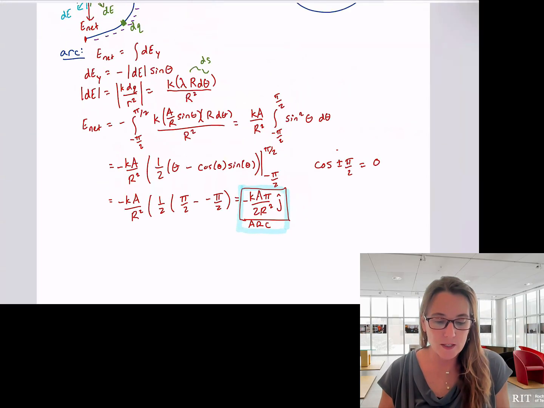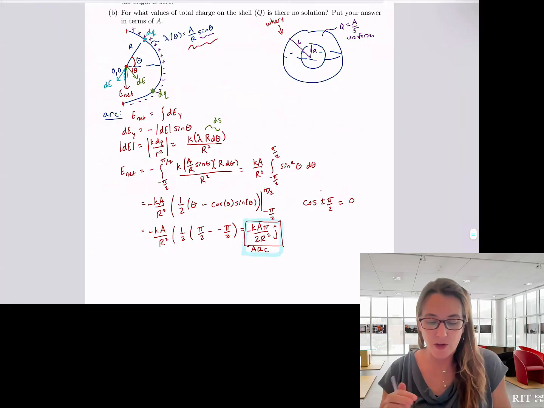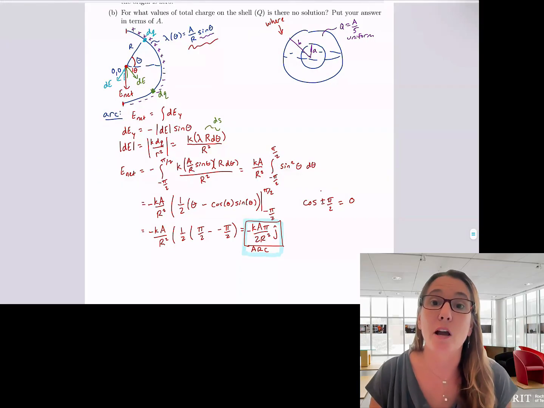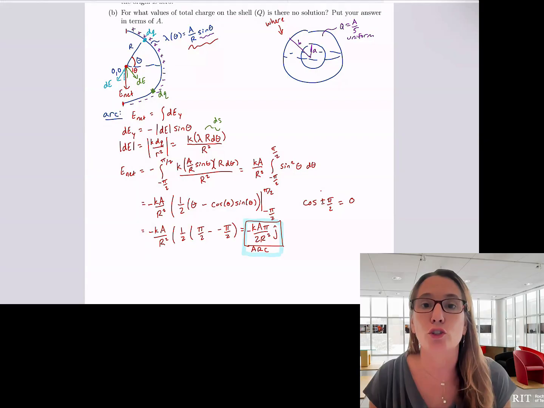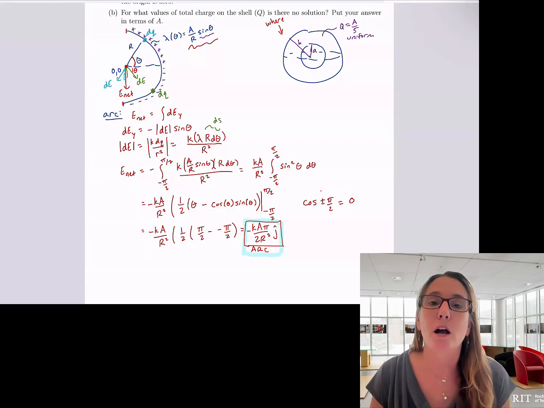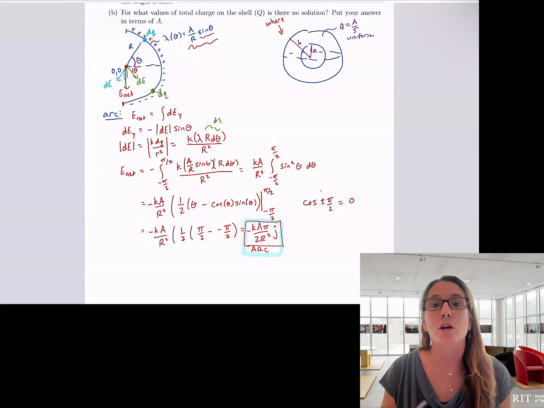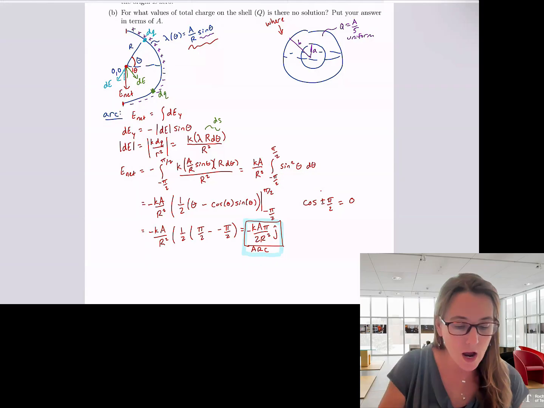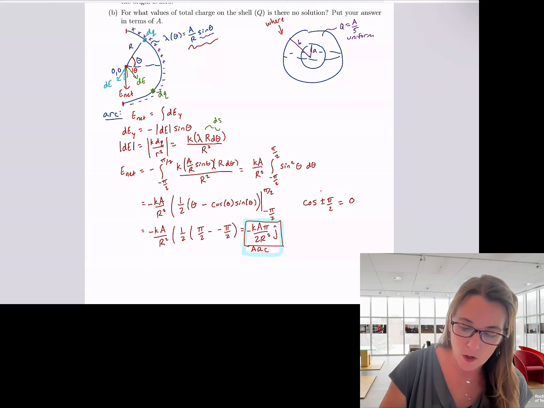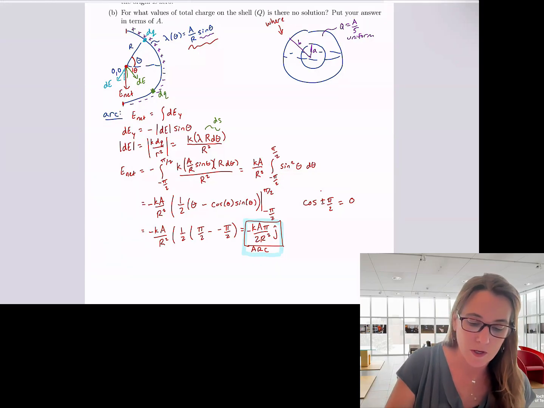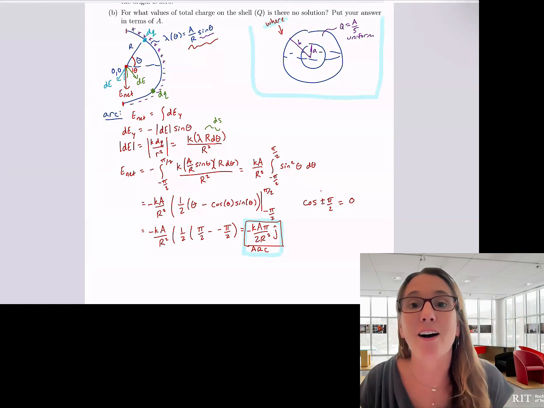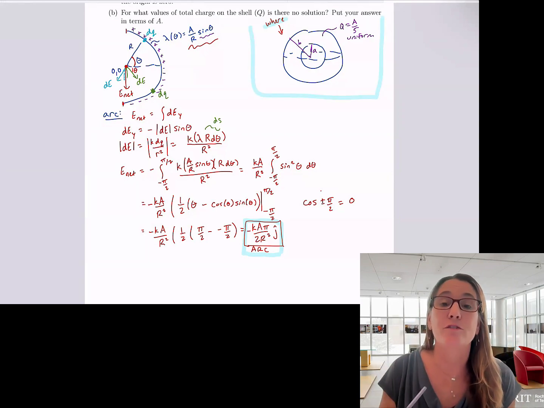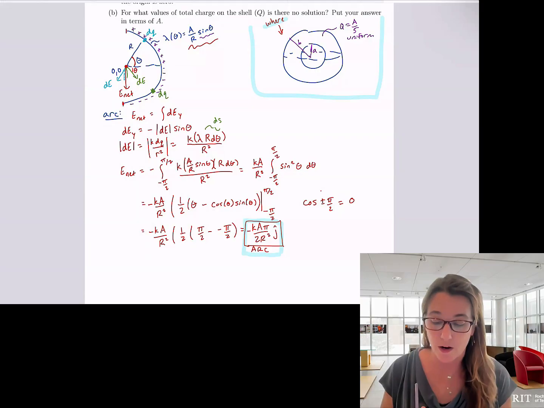Okay, so to take a step back, we have now found that at the origin, there is a downward electric field of magnitude Ka pi over 2 big R squared, and that is from our arc of charge. So now we want to decide where we can put this structure, this shell, so that its electric field will cancel this downward field.